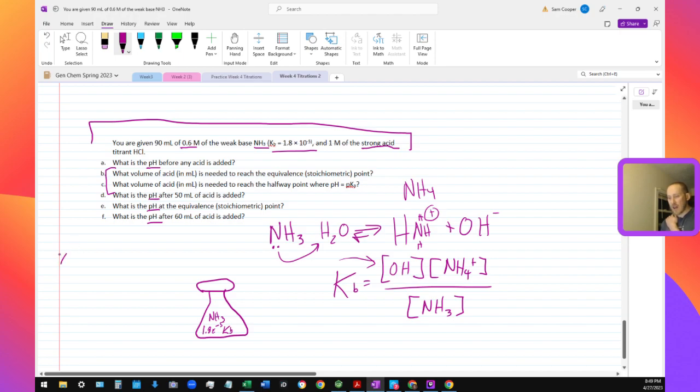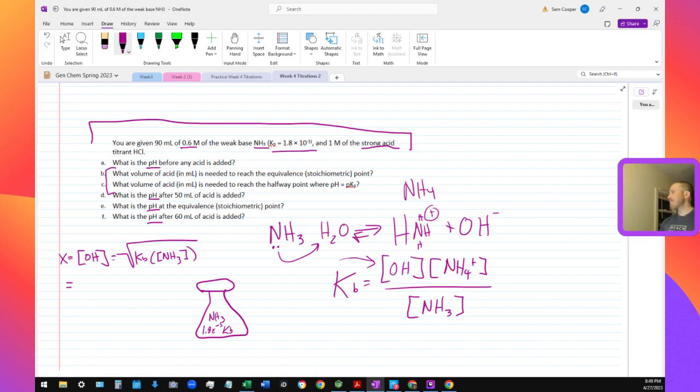But that means that x, which is the concentration of OH, is going to be the same thing that we've been looking at. It's going to be the square root of Kb times the concentration of ammonia to start. That's the same thing as formate in that last problem. So that is the square root of 1.8 times 10 to the minus fifth times 0.6, and that equals 3.28 times 10 to the minus third.